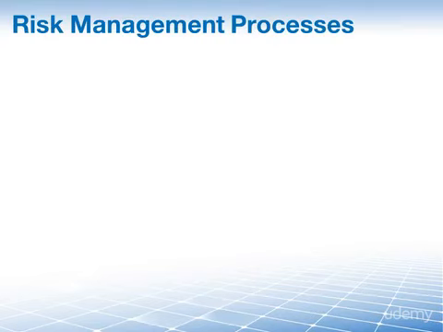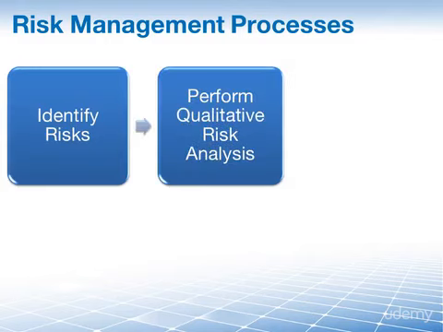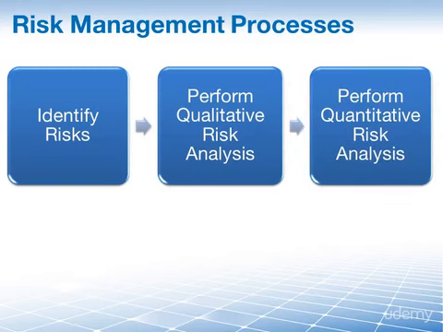One final note about this process before we move on to the inputs, tools, techniques, and outputs. Normally, the processes in project risk management are executed in the order of first we identify our risks, then we perform the qualitative risk analysis, and then we move on to the quantitative risk analysis.